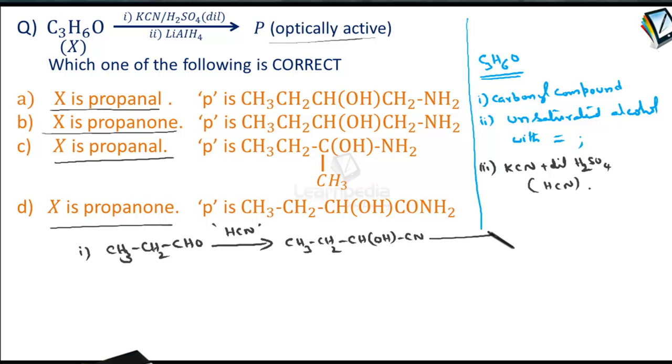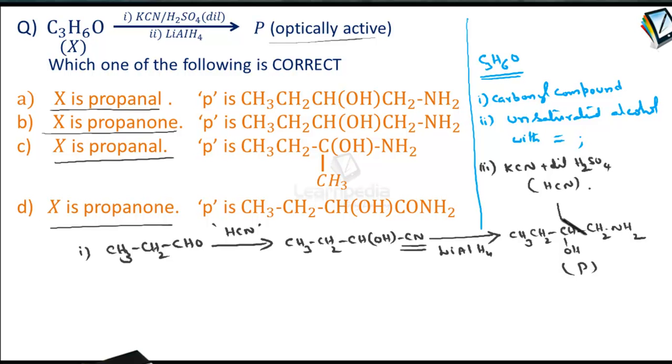In the next step this is subjected to reduction with lithium aluminum hydride, and we know that the CN group is reduced to CH2NH2. So CH3CH2CHOHCH2NH2 is supposed to be the product P if it is propanal.